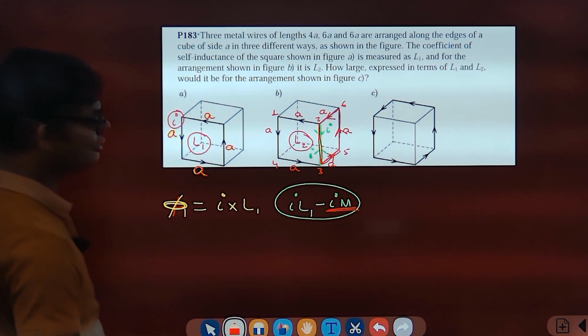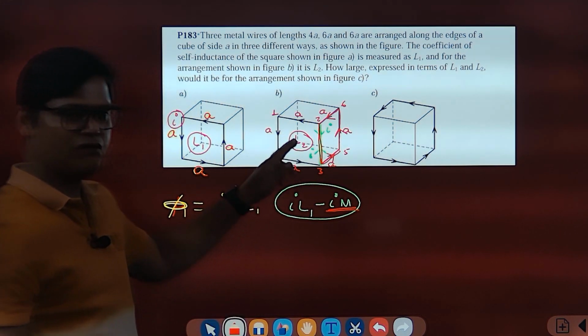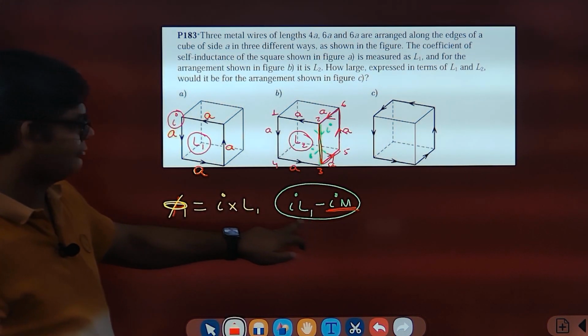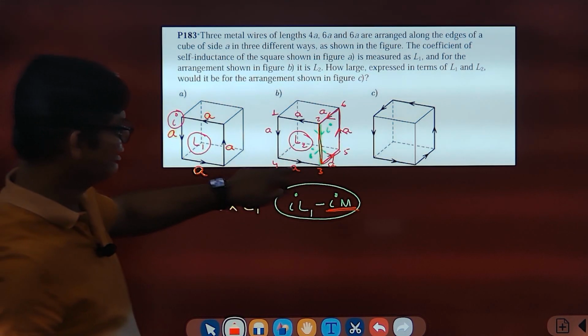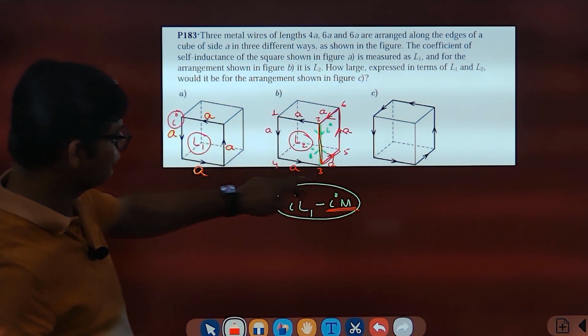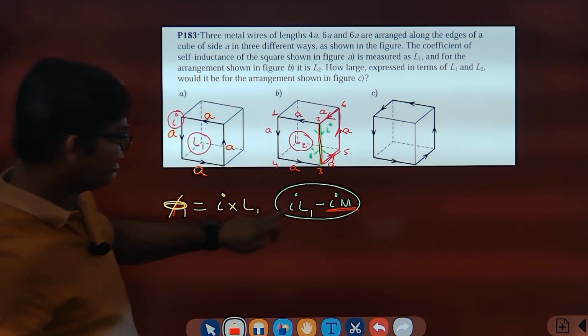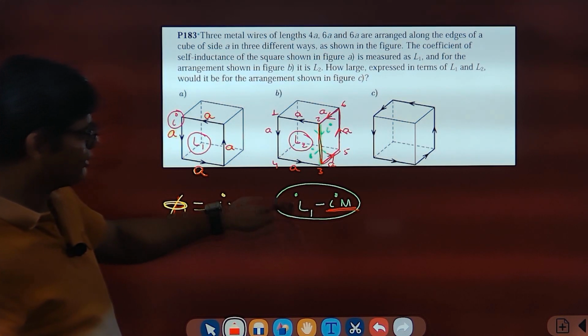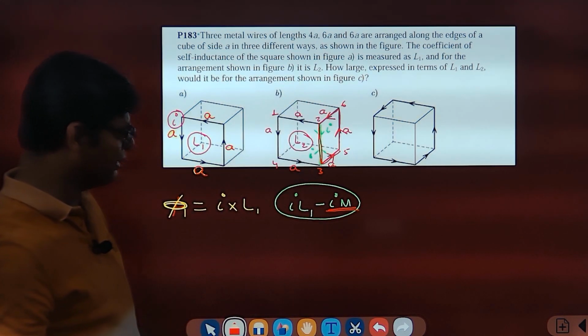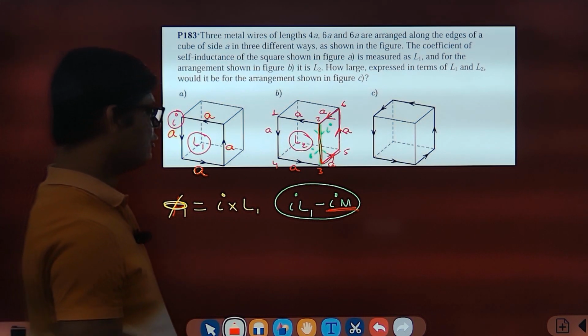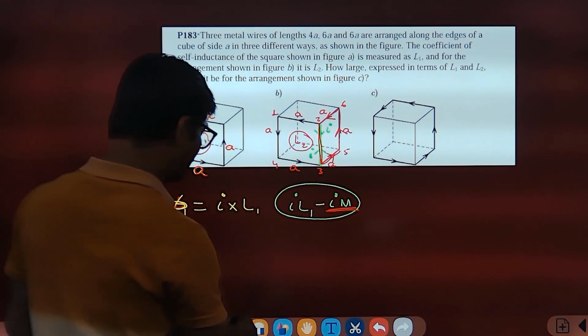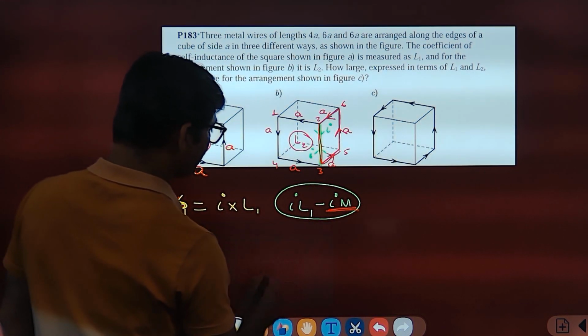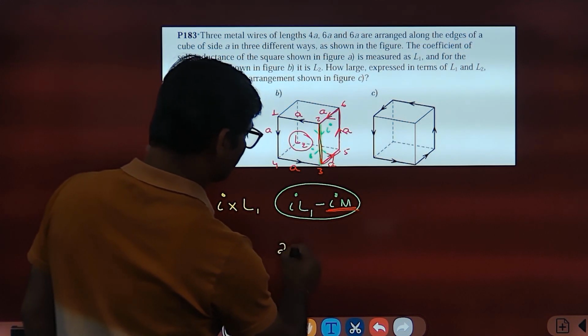So, they are contributing to magnetic flux with a negative sign, and therefore, I can say that the flux linkage through this 1, 2, 3, 4 loop is I L1 minus I M, and the same is true for the other loop as well, and therefore, the total flux linkage is twice of this one.